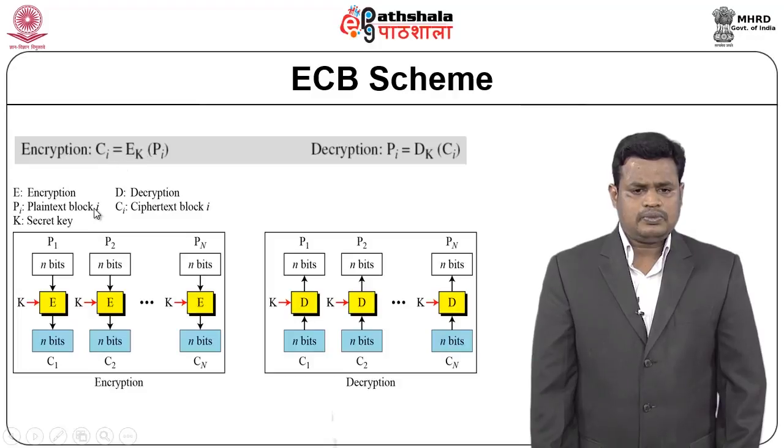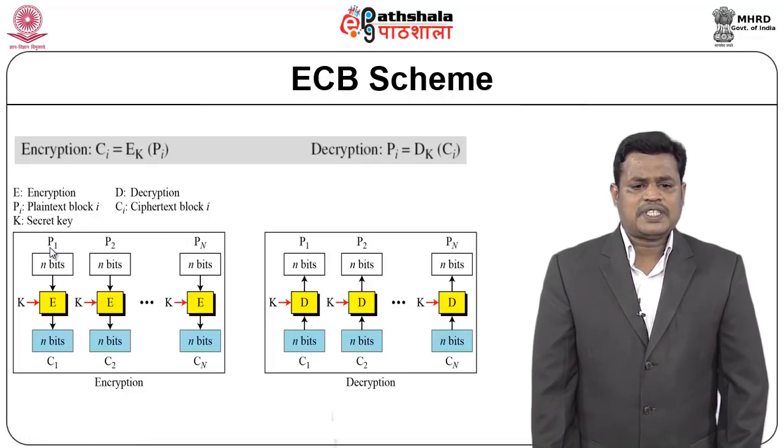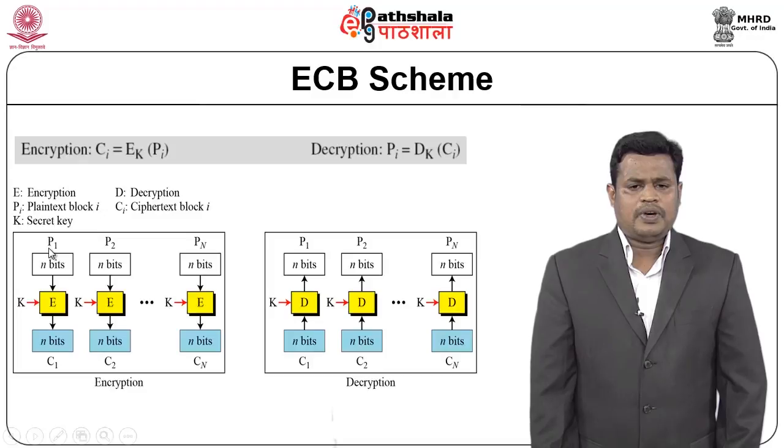Now, we represent this block as the encryption process, and this block as the decryption process. Here, if I have a message of size n, then there will be different blocks of input P1, P2, P3, and so on, each of size n bits.